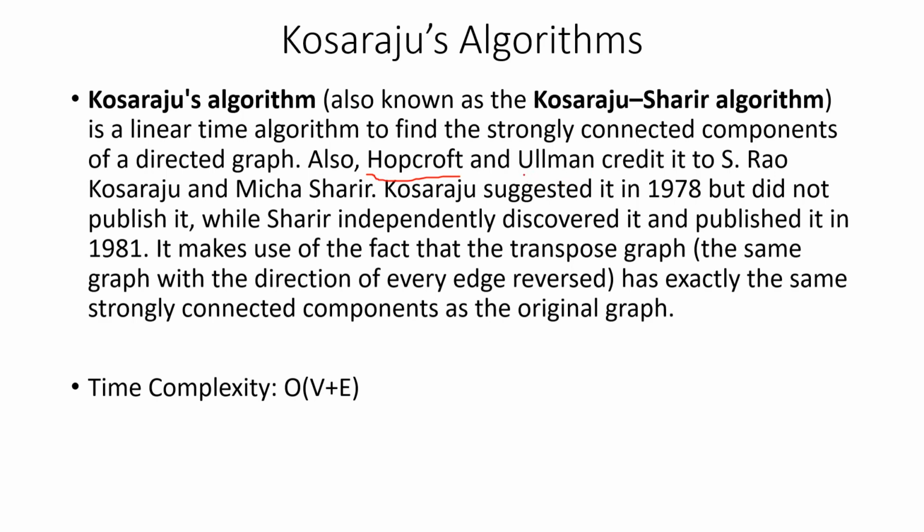They credited it to Kosaraju and Micha Sharir, but Kosaraju suggested it in 1978 and didn't publish it, while Sharir independently discovered and published it in 1981. But the algorithm was named after Kosaraju because, even though he didn't publish it, he suggested it earlier than Sharir.